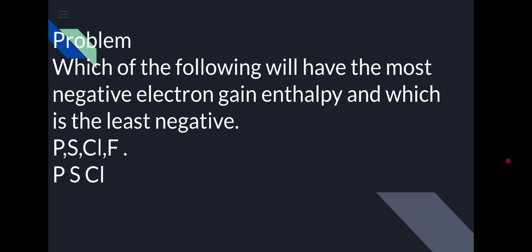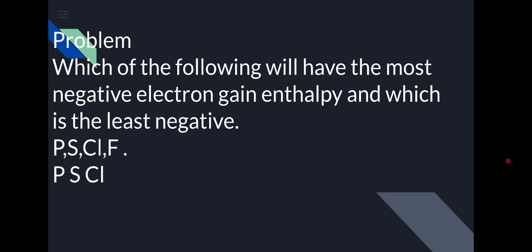And one more reason: if you compare fluorine and chlorine, it would be chlorine again, because fluorine is a small atom and its electron-electron repulsion will be more. Whereas chlorine is a larger atom compared to fluorine, and here electron-electron repulsion will be less.